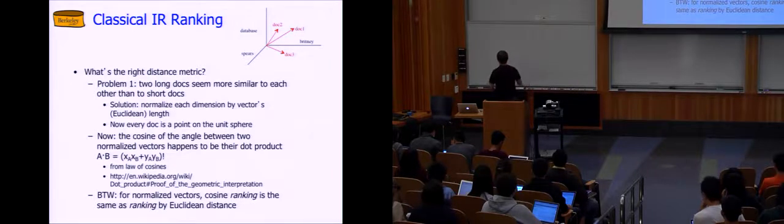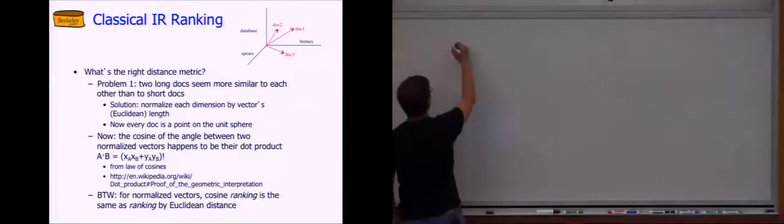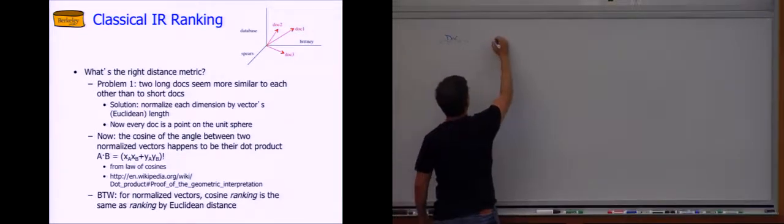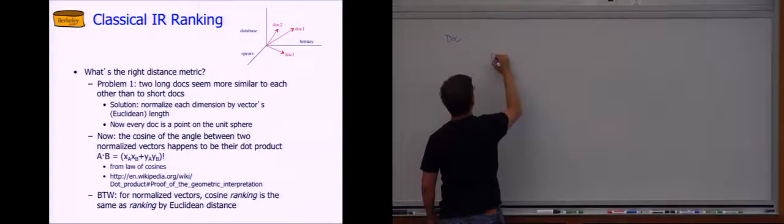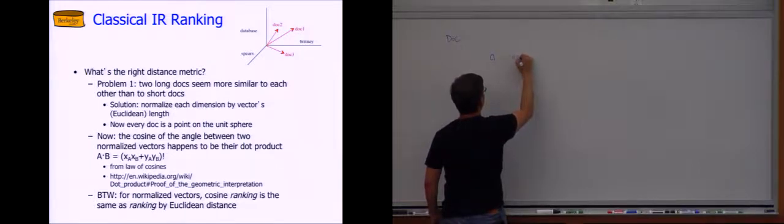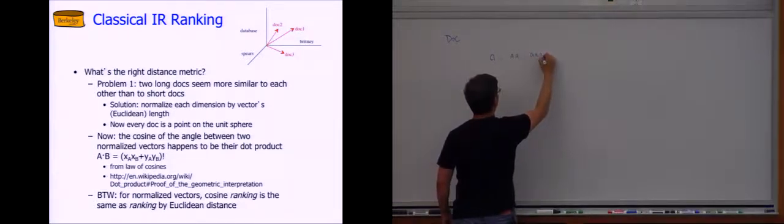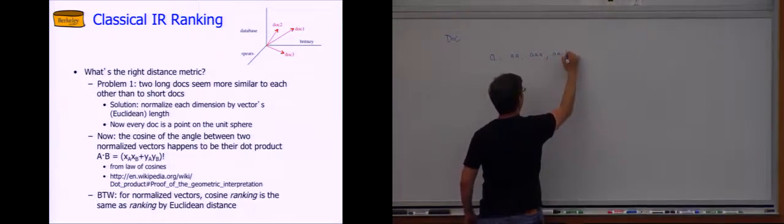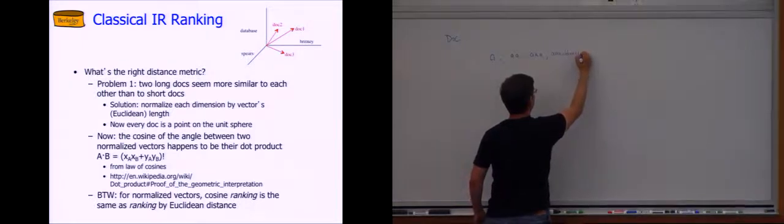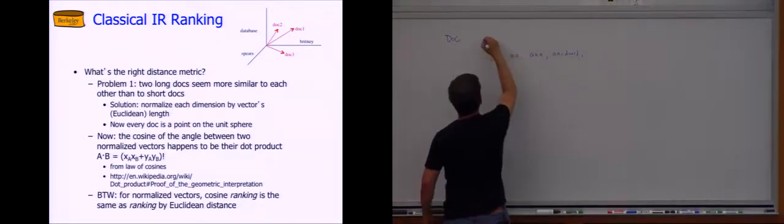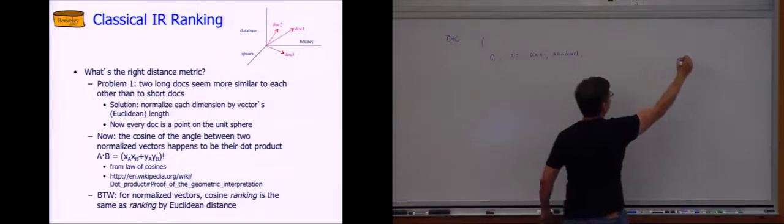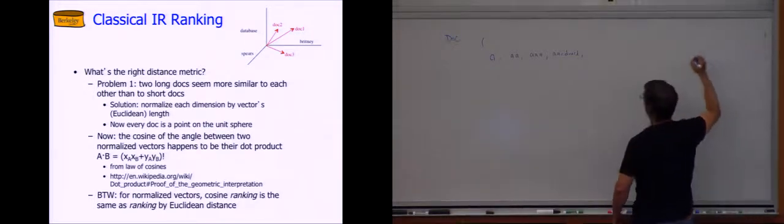So a document is a big bag of words, and that means that you can represent it instead as a vector. So a document can be something like this. Take all the words in the dictionary, etc. Your document is a vector as wide as the dictionary of counts.